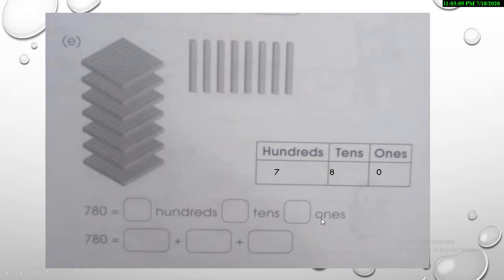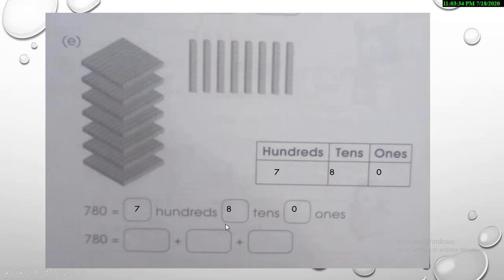How are we going to put that? We will mention 7 hundreds, 8 tens and 0 ones. This is the way to read it. Again, if the hundreds and tens are written over here, you are not going to put any zero with the digits.